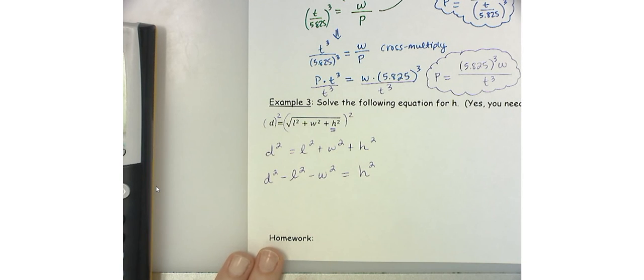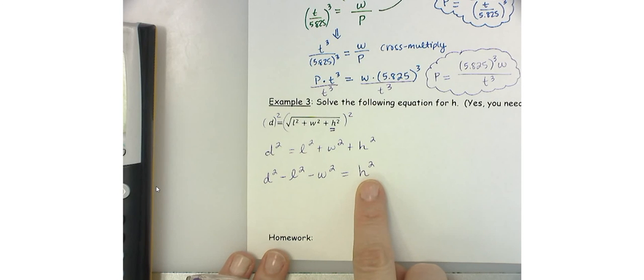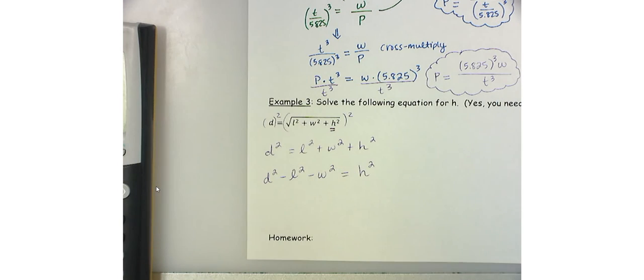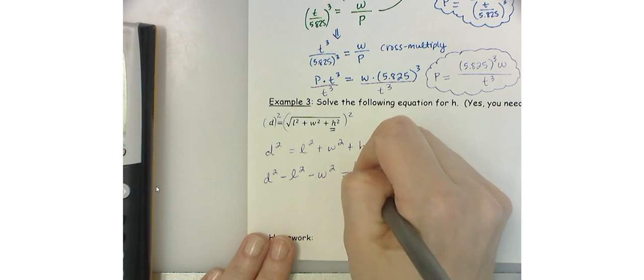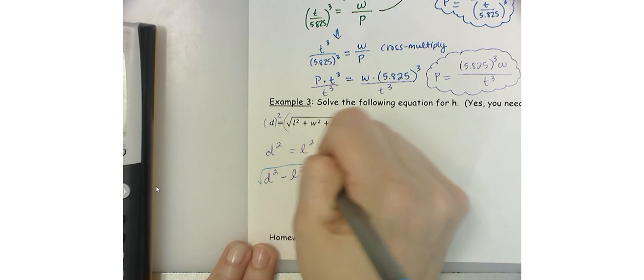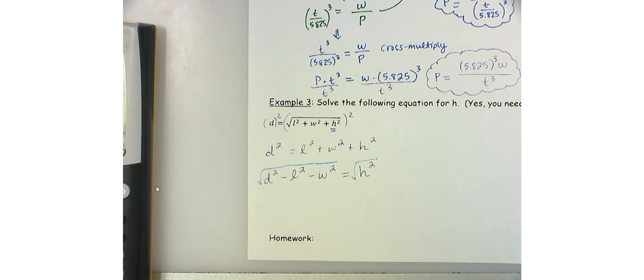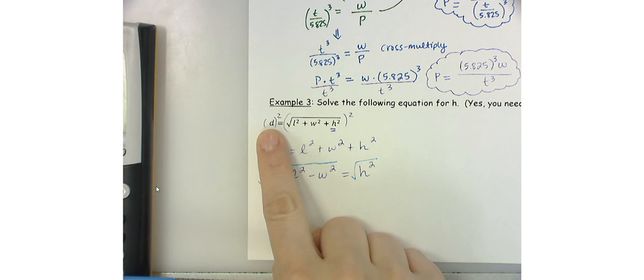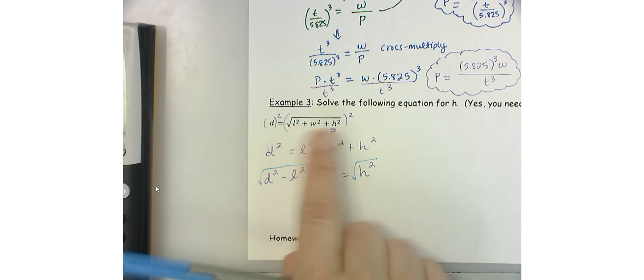Now, let me tell you a quick little thing you could do on the SAT or on your test or quiz. If you plugged in values for these and got a certain answer, you should get the same answer when you solve for H here.